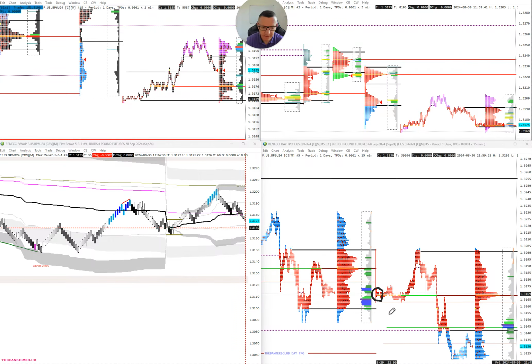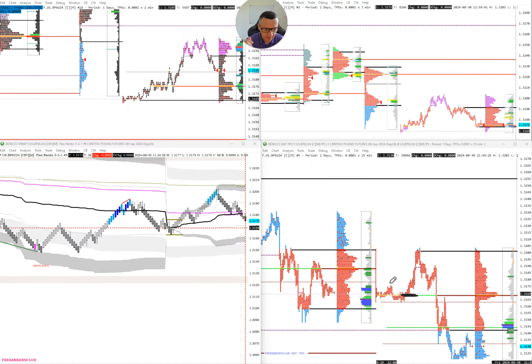It opened up here, this is a high volume node, or high volume cluster I should say, and traded down into this volume cluster here, which is near this value area low here. This is the previous daily value area low. And when I got up in the morning, it was hovering around here.